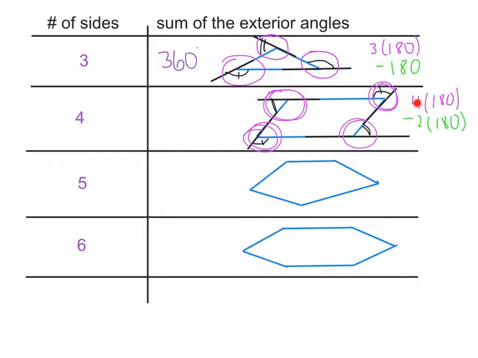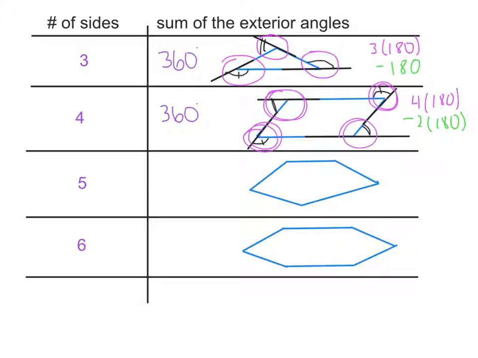I'm saying that I've got 4 pairs of supplementary angles, one at each vertex. I'm going to subtract off the 360 for the inside angles of any quadrilateral. And if I punch that into your calculator, I'm going to get the sum of the exterior angles in a quadrilateral to also be 360. So maybe you're seeing, hey, 360, 360. I wonder if this one's going to be 360.